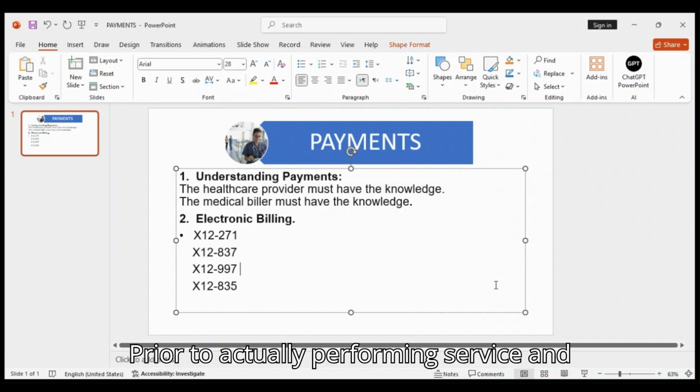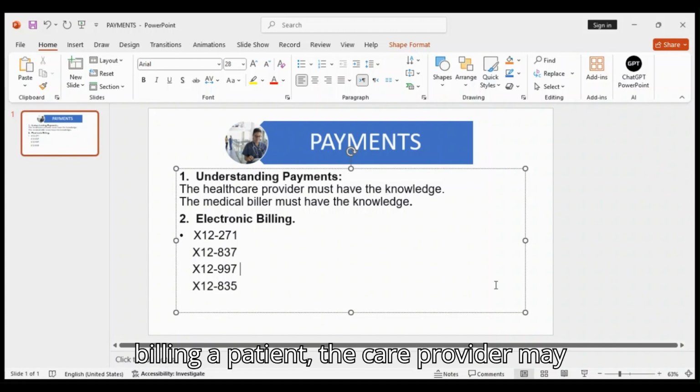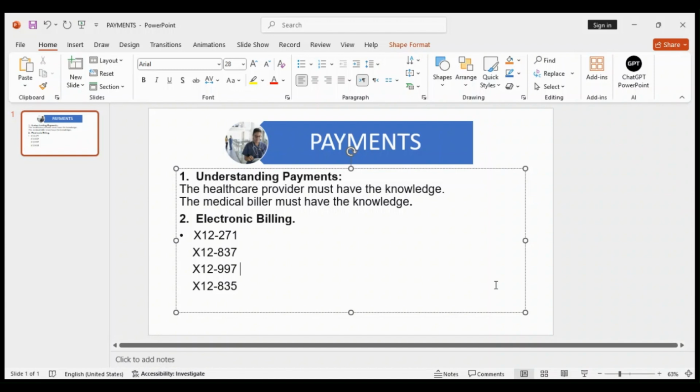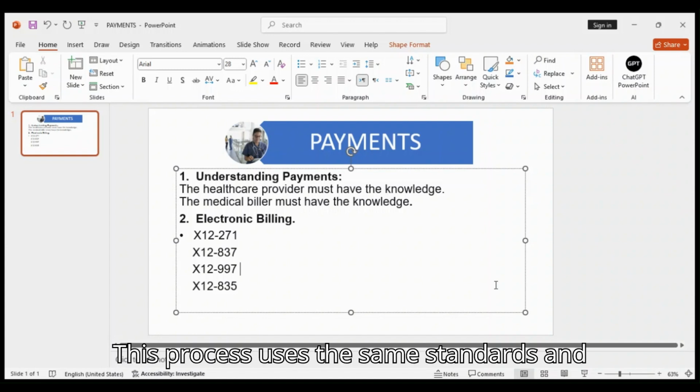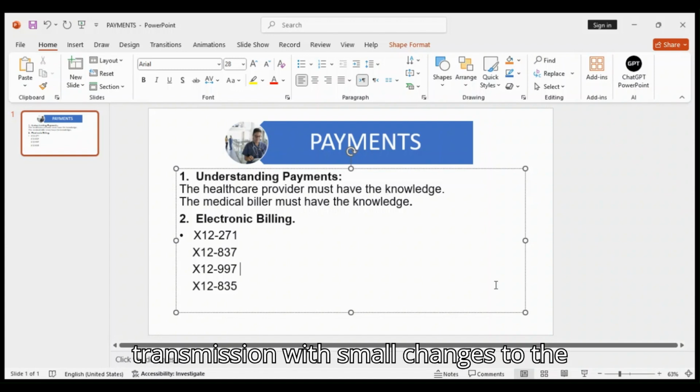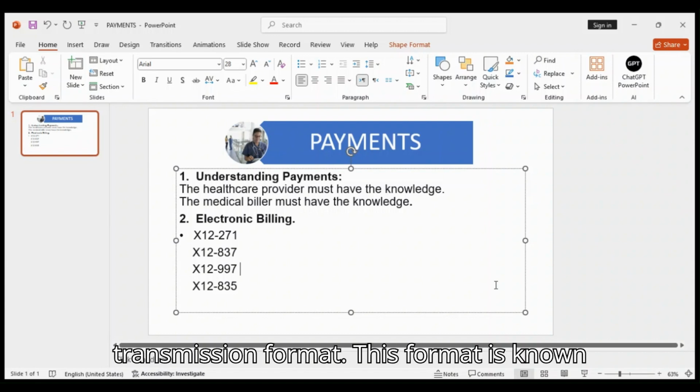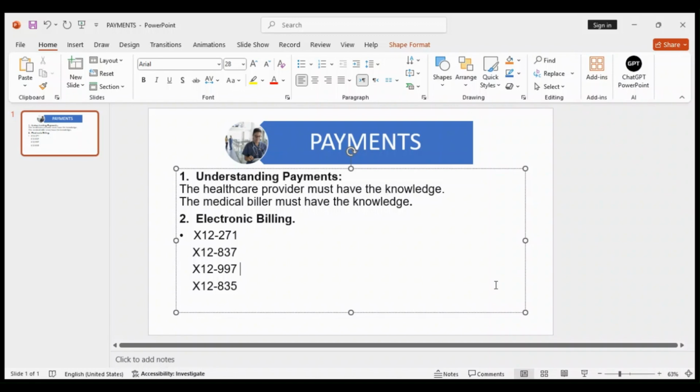Prior to actually performing service and billing a patient, the care provider may use software to check the eligibility of the patient for the intended services with the patient's insurance company. This process uses the same standards and technologies as an electronic claims transmission with small changes to the transmission format. This format is known specifically as X12-270, which means Healthcare Eligibility and Benefit Inquiry Transaction.